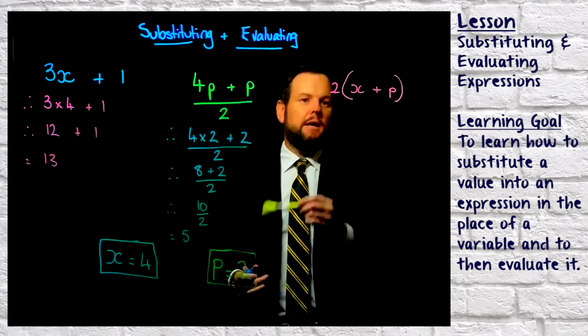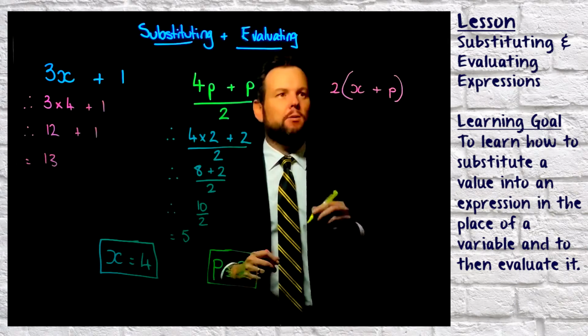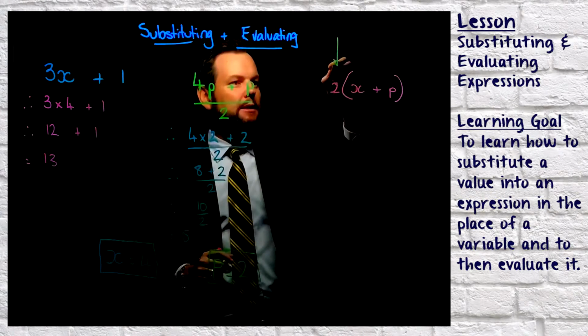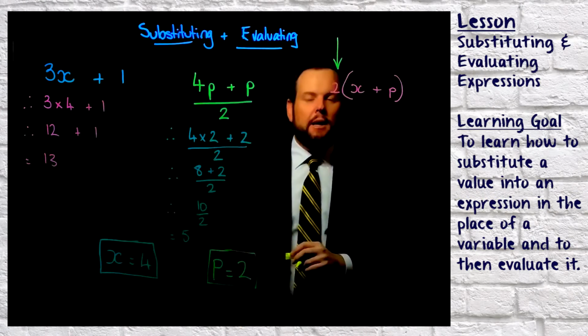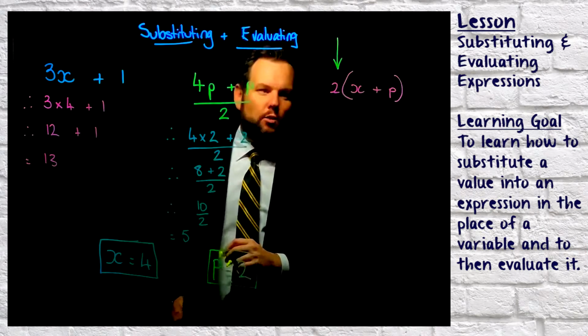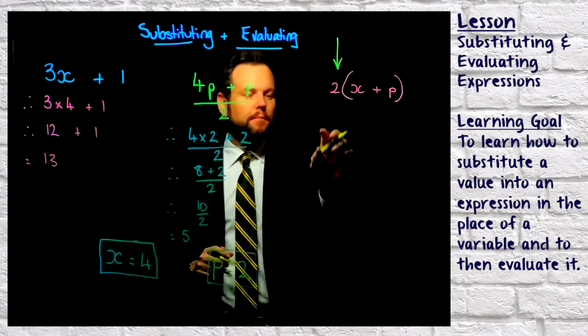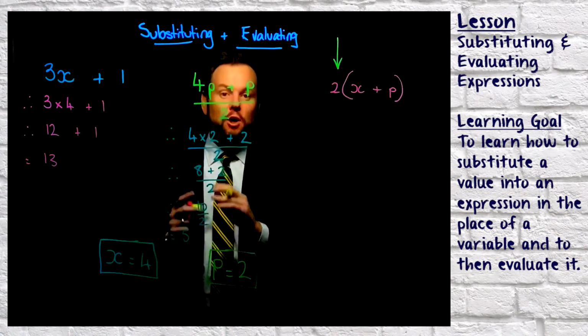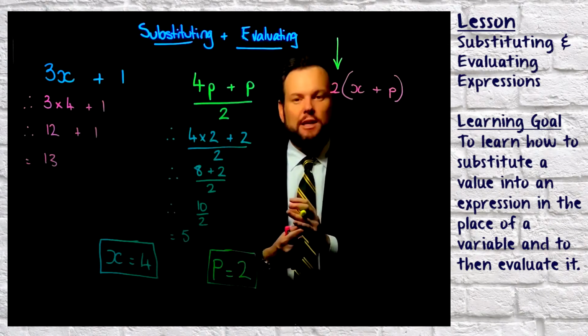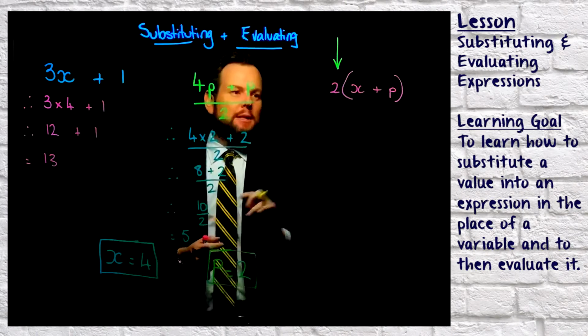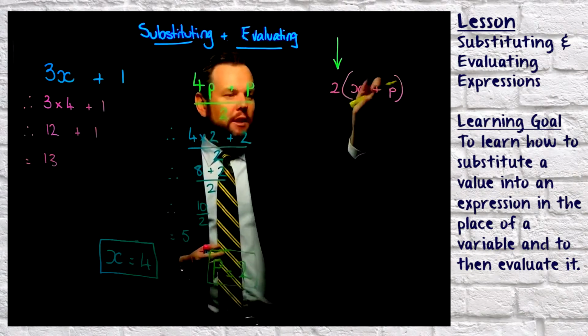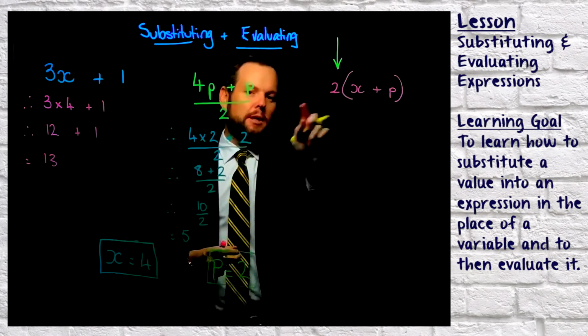This next one here is a little bit different, and there's a really important thing in this expression, right here. There's a number that's right next to our bracket. We don't use multiplication or division symbols in algebra. That number there means that we're going to multiply whatever's on the inside of these brackets by 2.